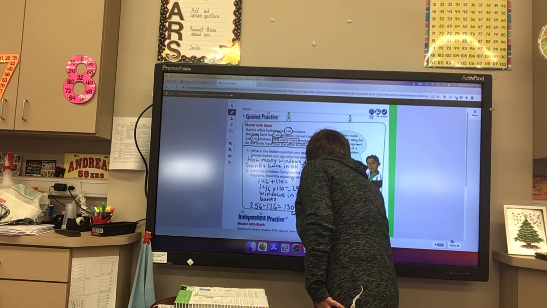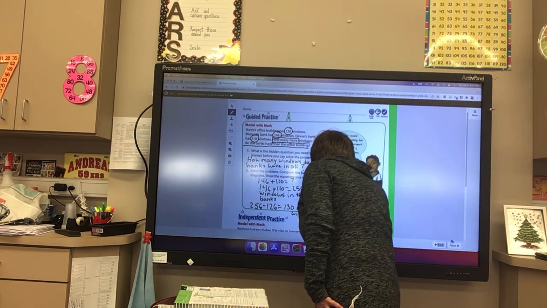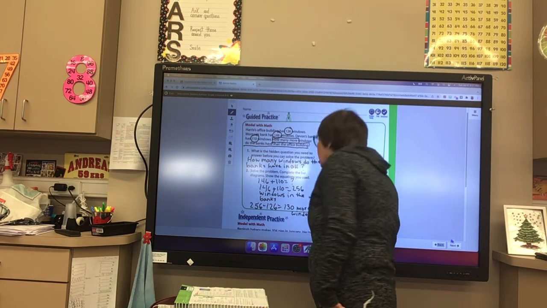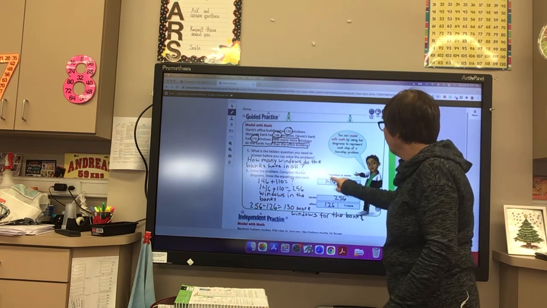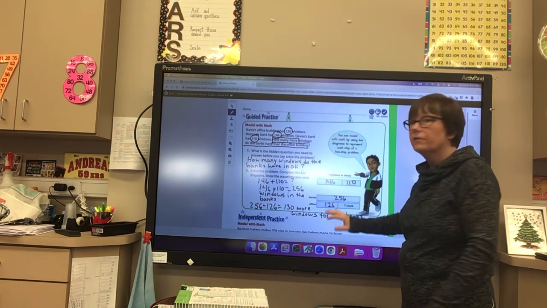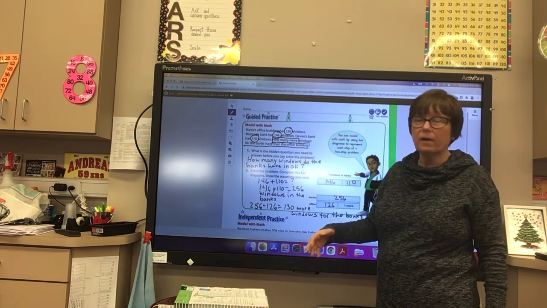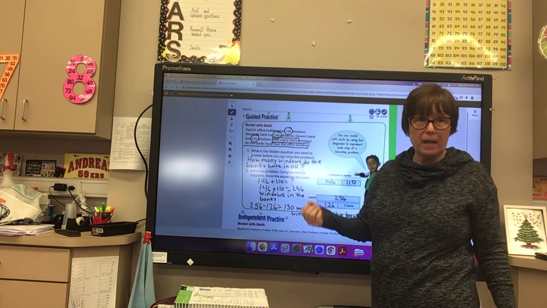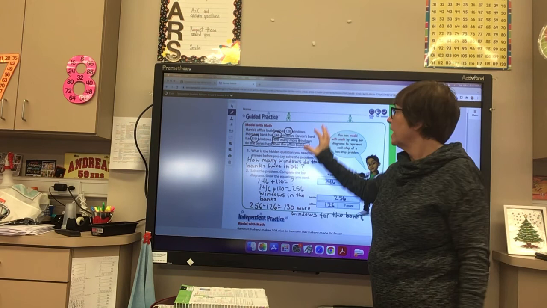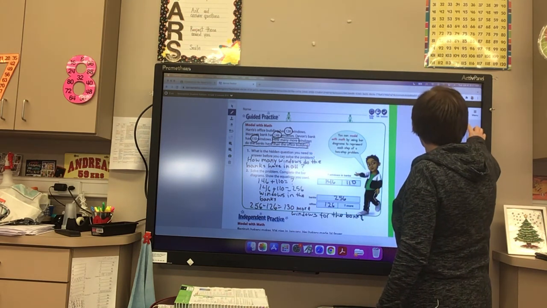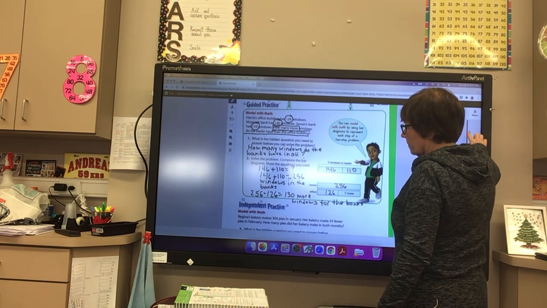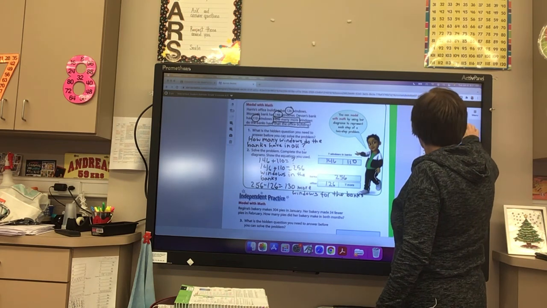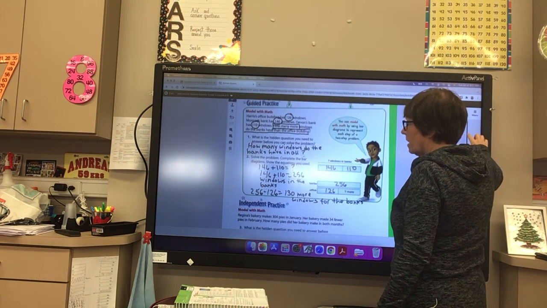I'm going to write that so we are clear for the banks. So that's what we did. We used our models. It was very helpful for us to keep track of our data, of our numbers. Did everybody get that? Now you could have either been using your paper or I attached these pages for you. Okay? Did everybody get that?